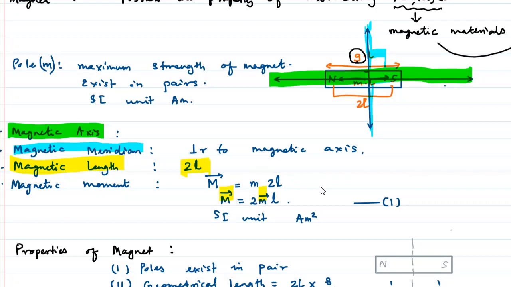Also the magnetic moment is a vector quantity, capital M, and the SI unit will be ampere meter square. Please note, the SI unit of magnetic moment will be ampere meter square.